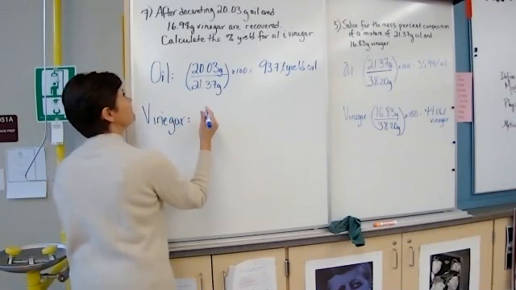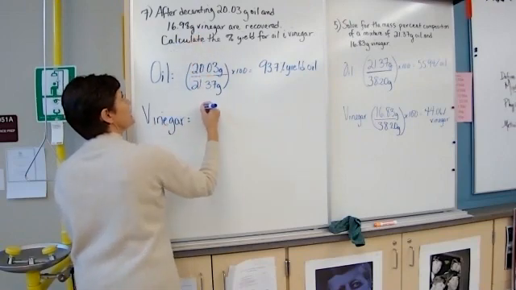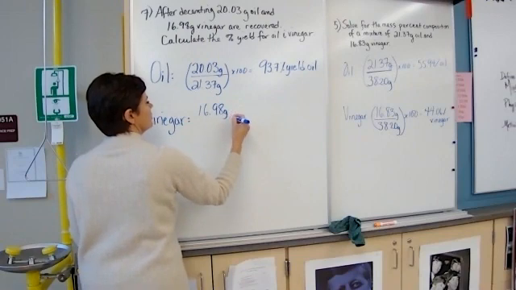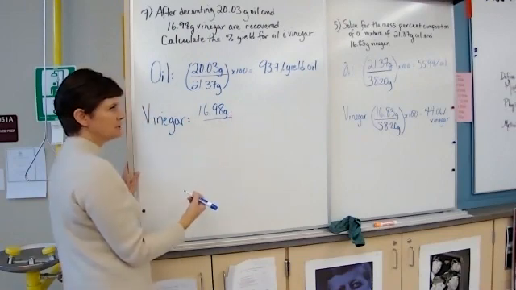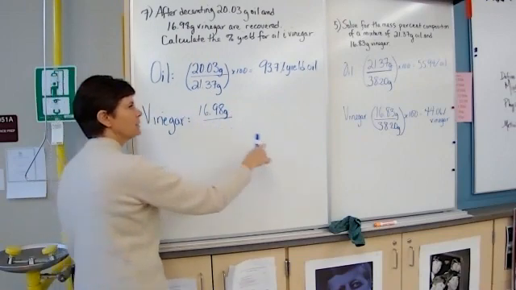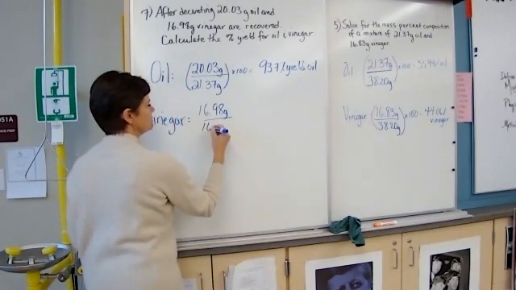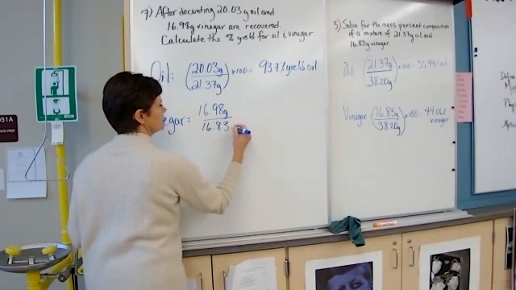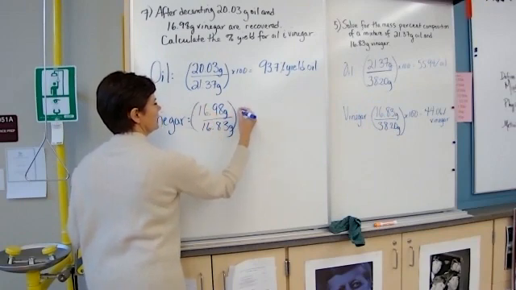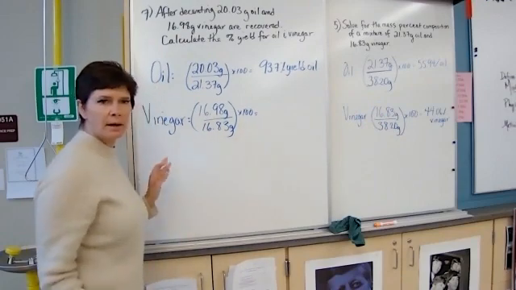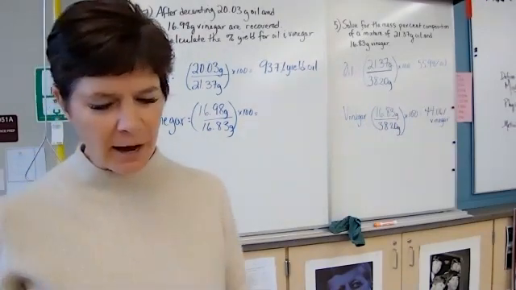Let's do the same with the vinegar. We were able to get a mass of 16.98 grams for the sample of vinegar after separation. We'll compare that to our original vinegar mass, which is 16.83 grams of vinegar. And we'll take that times 100 after we divide.